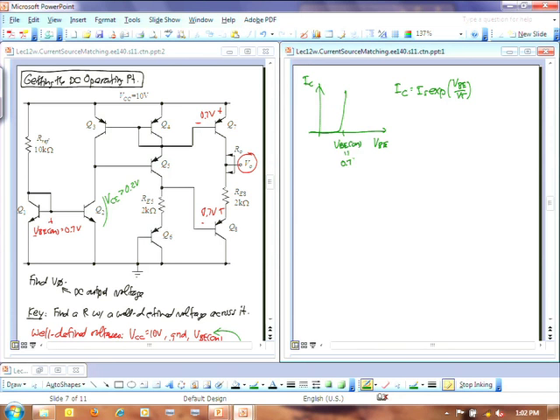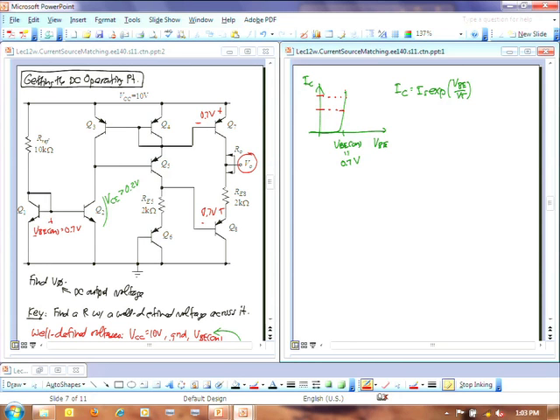And so when I look at this, if I had a current equal to this, right here, what's the voltage across my base to emitter? Why, it's 0.7 volts. Okay? If I had a current equal to this, oh, it's still 0.7 volts. It may be 0.70005 volts or something, but it's still 0.7 volts.